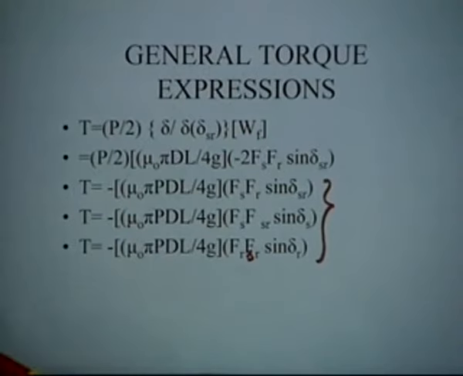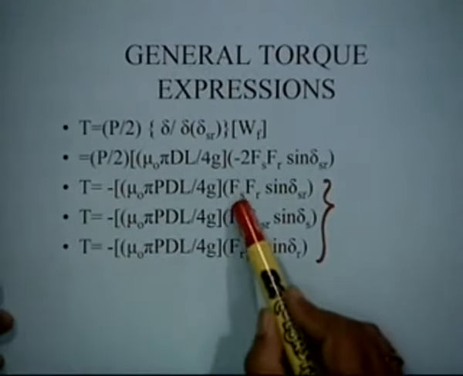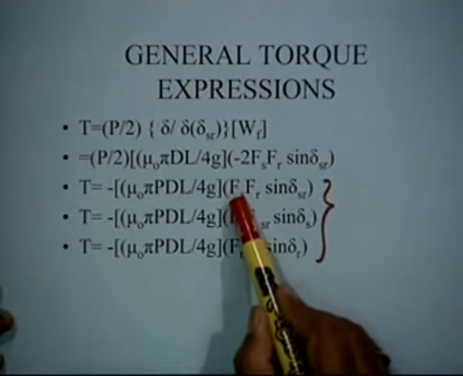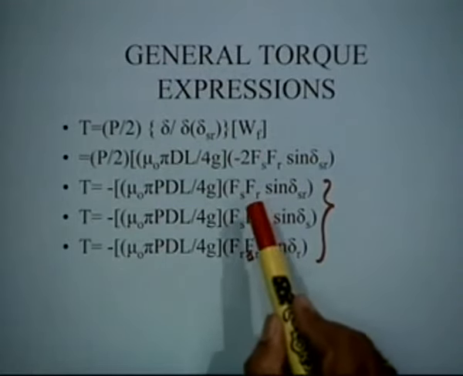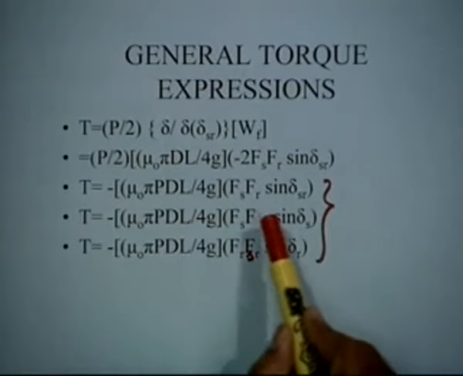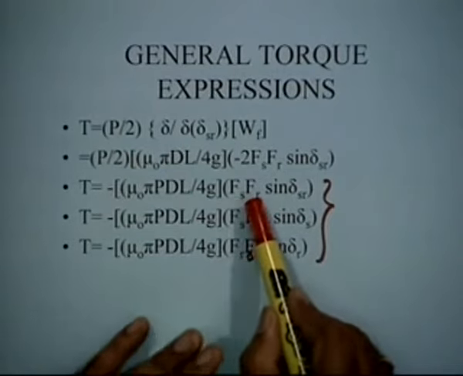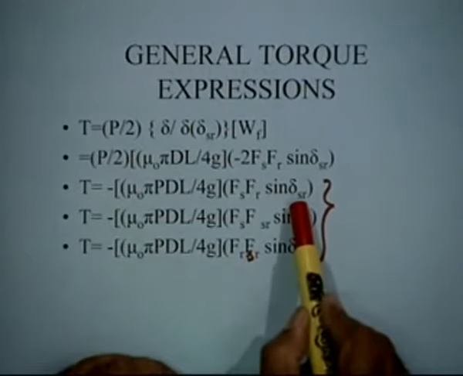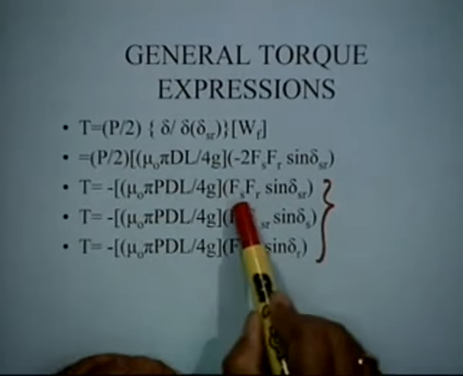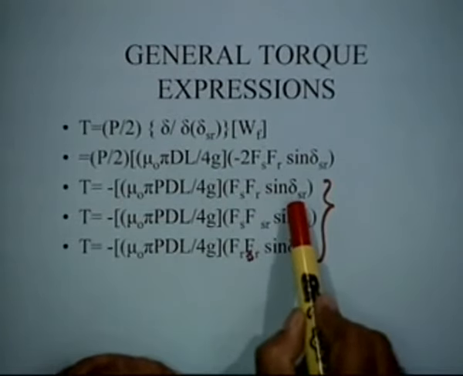To get non-zero torque, you must ensure that Fs and Fr are non-zero. So you need a non-zero stator MMF, a non-zero rotor MMF, and the angle between them should also be non-zero. This is the condition. That means you must have a fixed, non-zero delta.